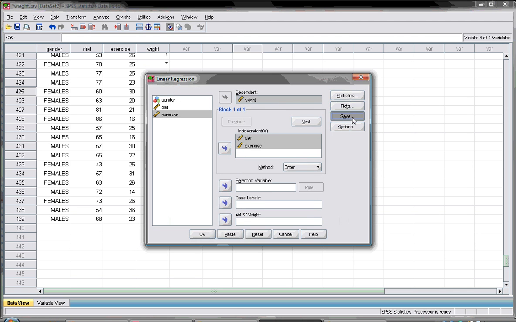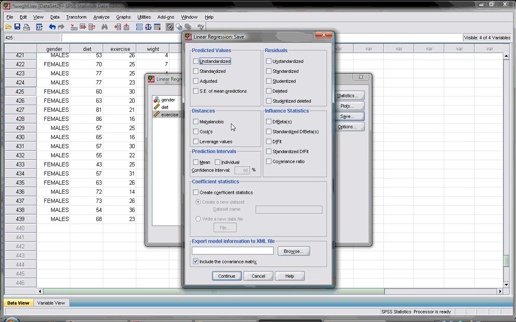For save, again, to check for multicollinearity, that means there is no relationship between the independent variables, we may take the Mahalanobis distance.